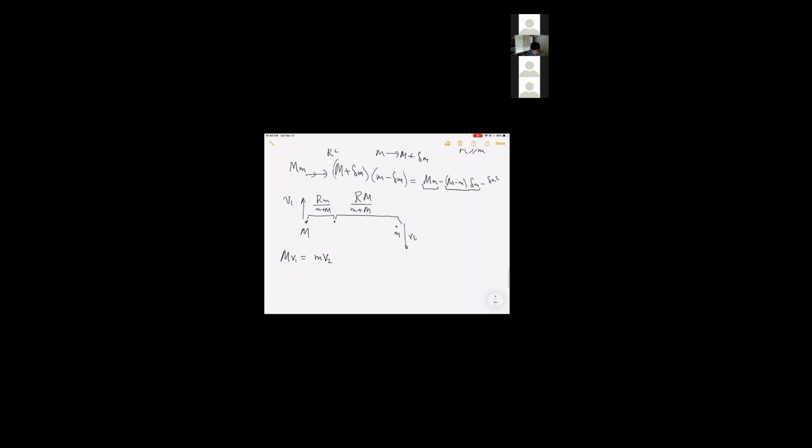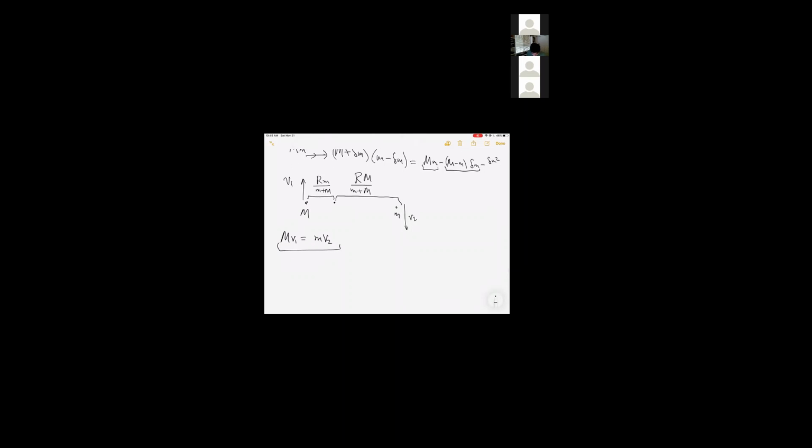So we have this equation for the velocities, and then we also have the F equals ma equation, that G M m over r squared is equal to m v1 squared over r.